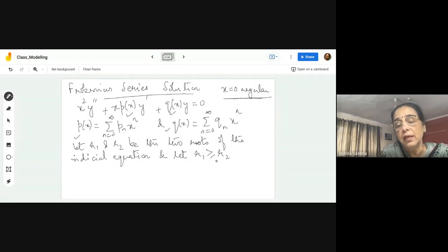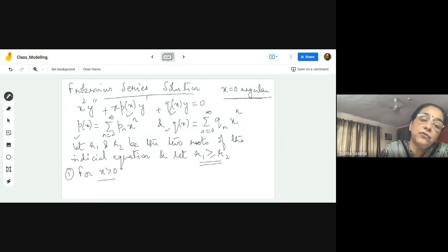That means I am considering the case when the indicial equation has two equal or repeated roots also. Now this theorem says, the first rule talks of the case when x is greater than 0. Why are we talking of x greater than 0? Because even if x is less than 0, we can replace x by mod x and we get the same kind of result. So we talk of the case where x is greater than 0.